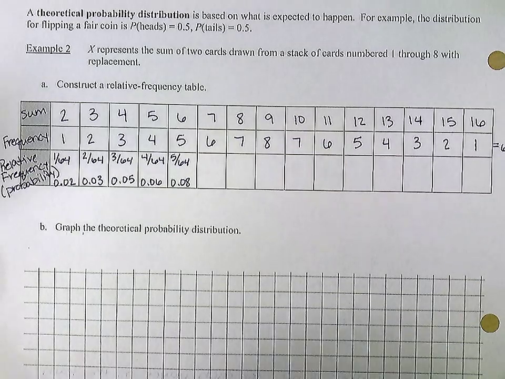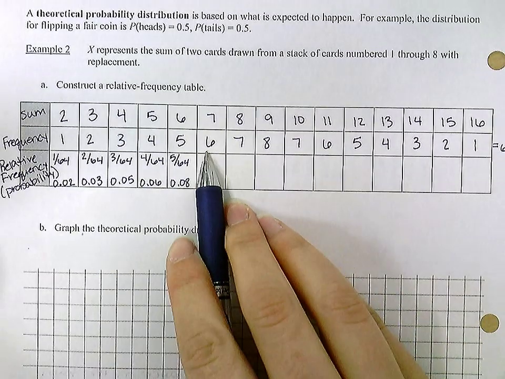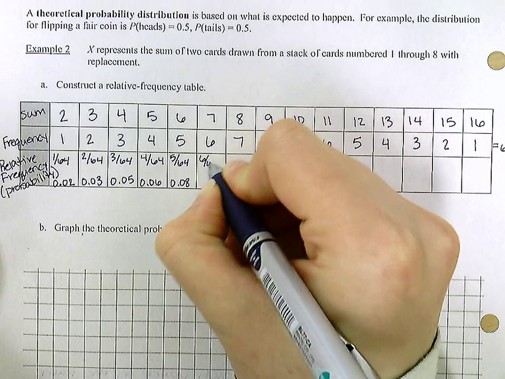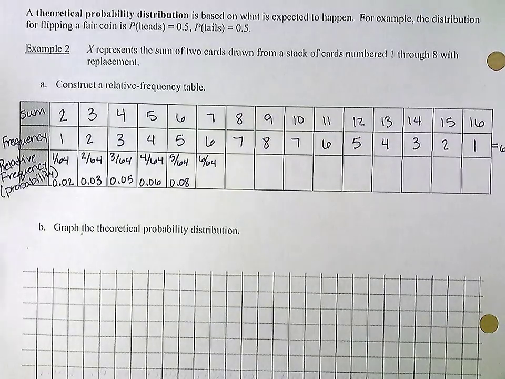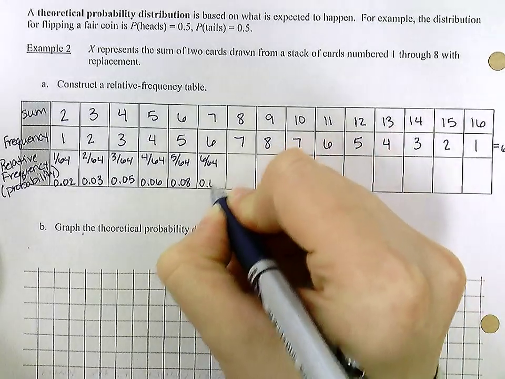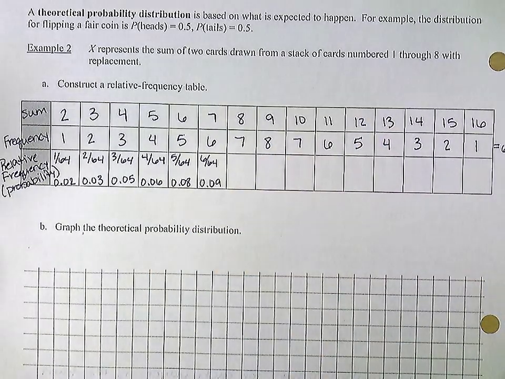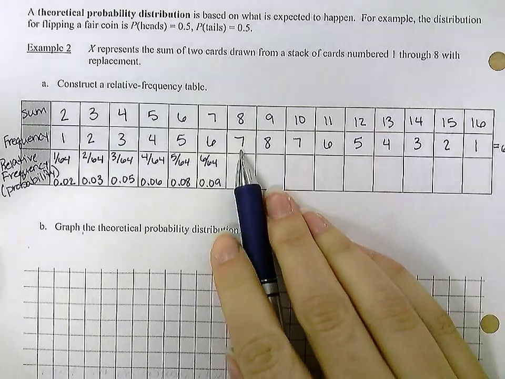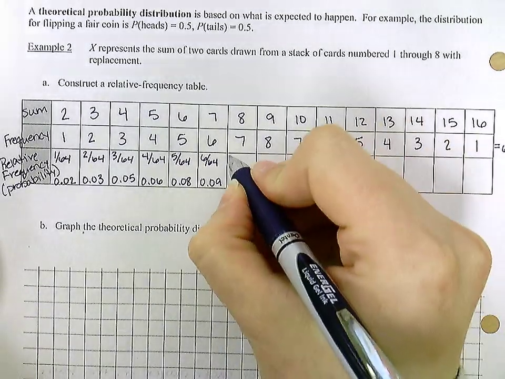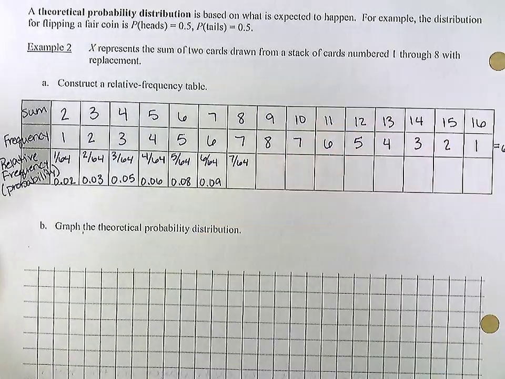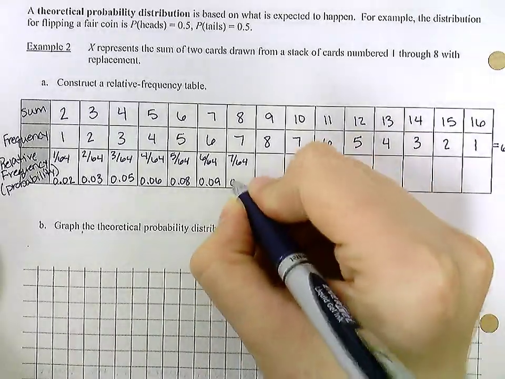Did you get the pattern yet? Next one is 6 out of 64. Okay, next we have 7 out of 64.